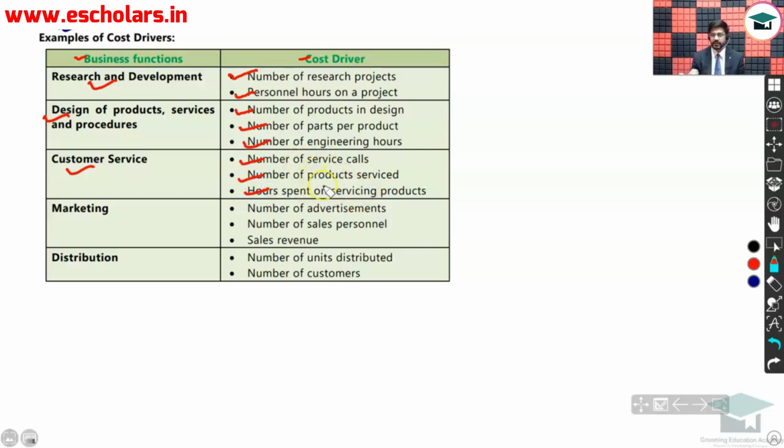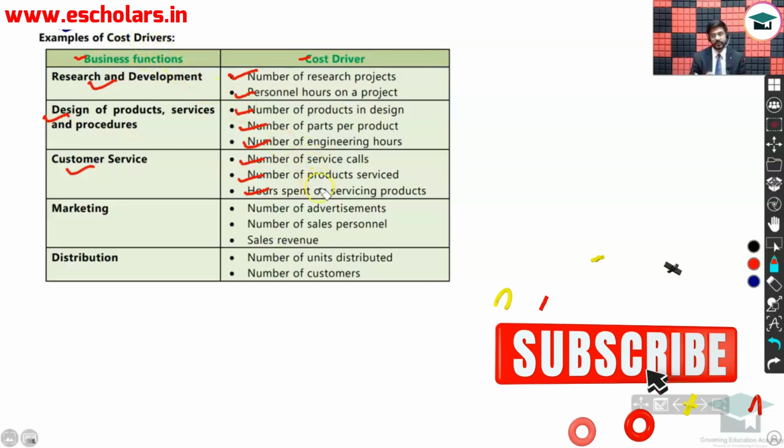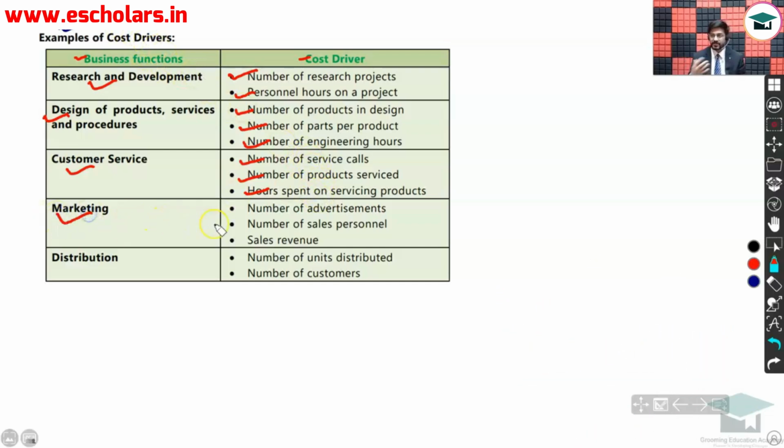You can choose any one of these cost drivers, but generally in activity based costing, when you get a practical question, they will give you the cost driver. Unless you get a theory question in your exam about activity cost and these cost drivers, then you have to remember this. In case of marketing: the number of advertisements, number of sales personnel, sales revenue.